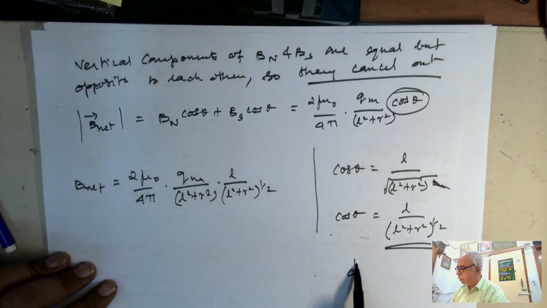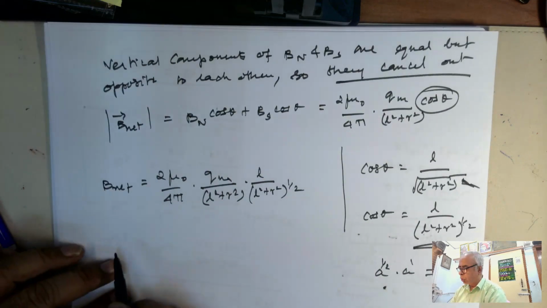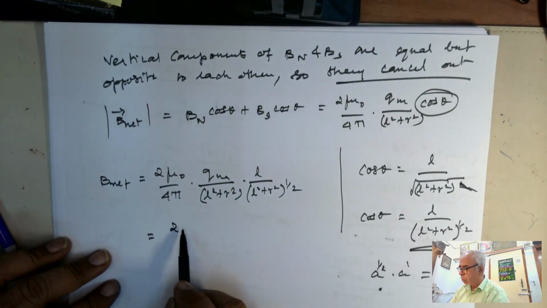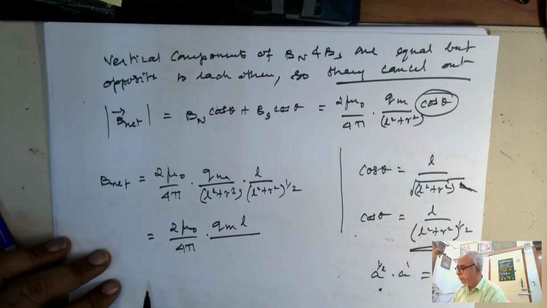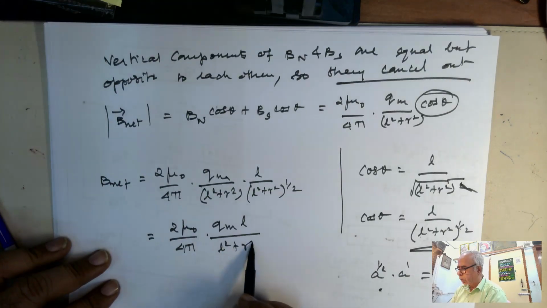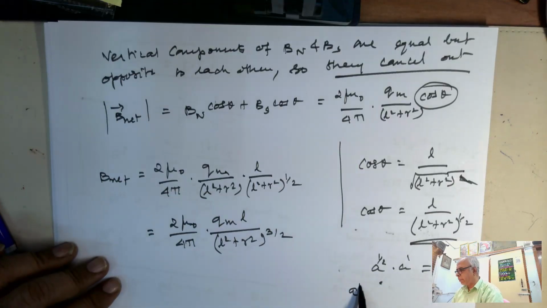We know A power 1 by 2 into A power 1 is A power 1 and a half, 1 plus half, that is A power 3 by 2, right? So this becomes 2 mu naught divided by 4 pi into Qm L divided by L squared plus R squared whole power 3 by 2, because we know A power m into A power n is equal to A power m plus n.